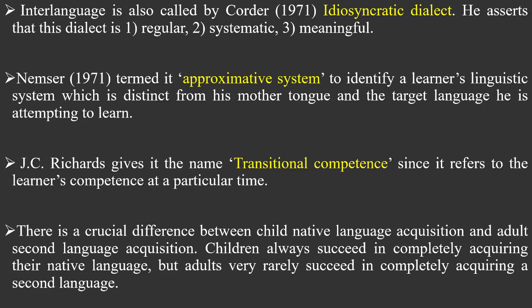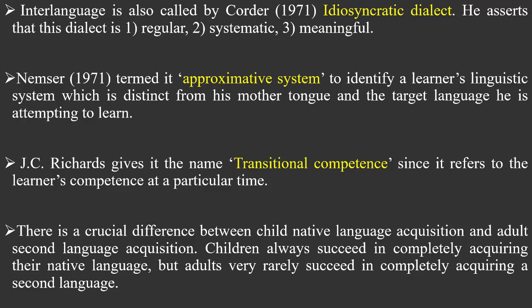So interlanguage is also called by Corder in 1971 an idiosyncratic dialect. It's a kind of dialect that is idiosyncratic. He asserts that this dialect is regular, systematic, and meaningful. So interlanguage is systematic, as we have seen earlier in this video.